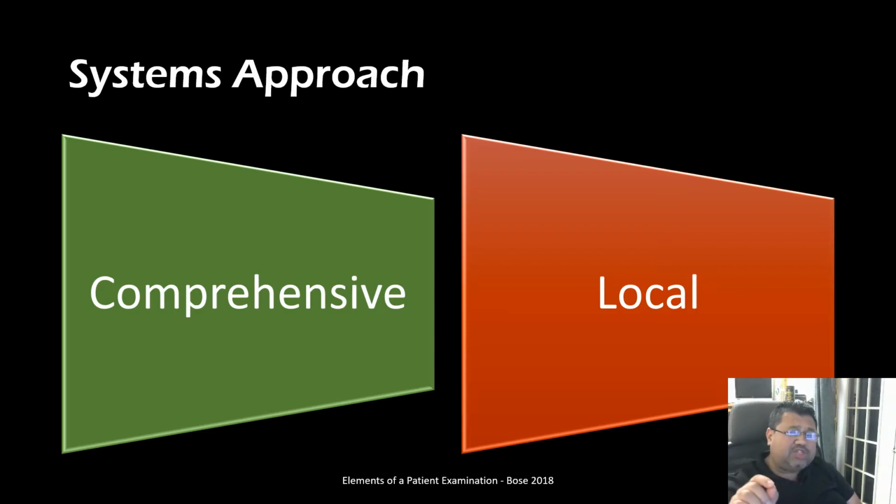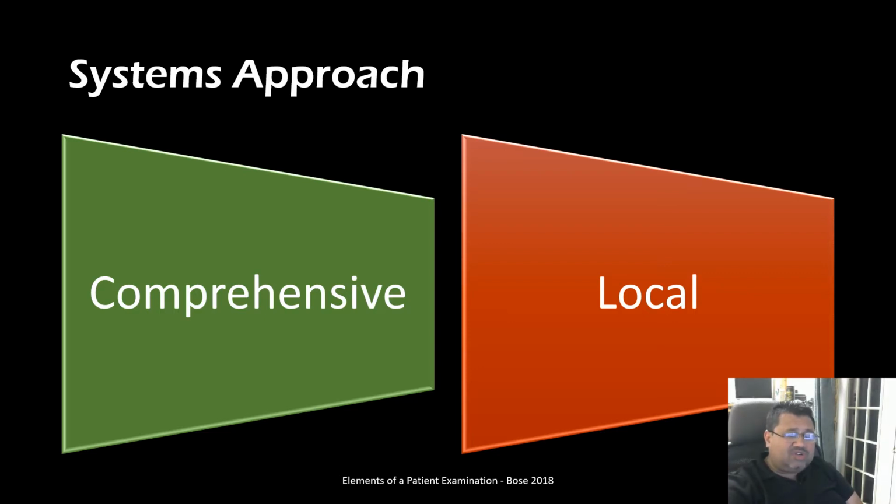We'll show that to you soon. When you go into an individual system, you would pretty much follow the same four things that we will learn about for each system.